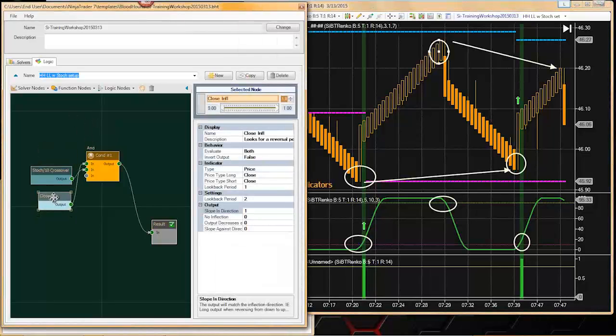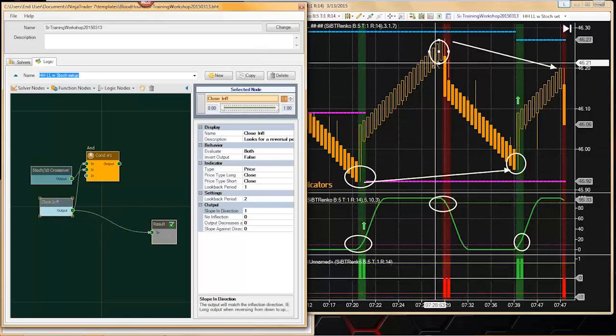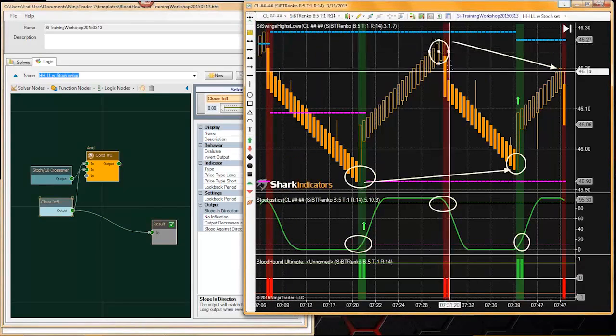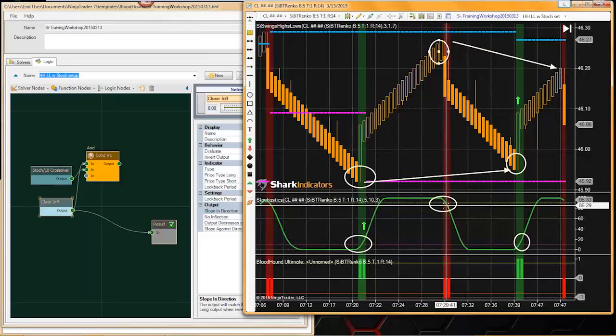Now, sometimes you can use the same solver over again, because once again we're looking for a price reversal and we're looking for a cross down.